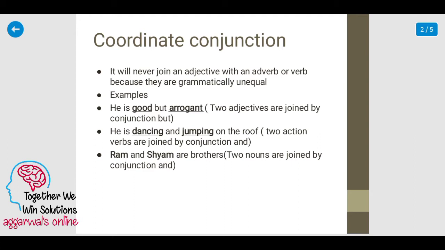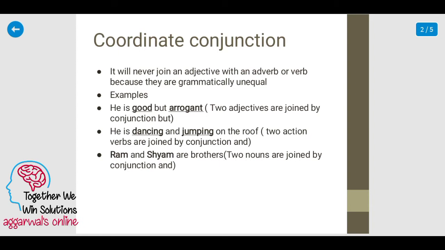See, it cannot join an adjective with an adverb. Why? Because an adjective is a different part of speech and an adverb is a different part of speech. Means an adjective is used differently and an adverb is used differently. So if you want to join an adjective and an adverb with the help of a coordinate conjunction, then you would form an incorrect sentence.